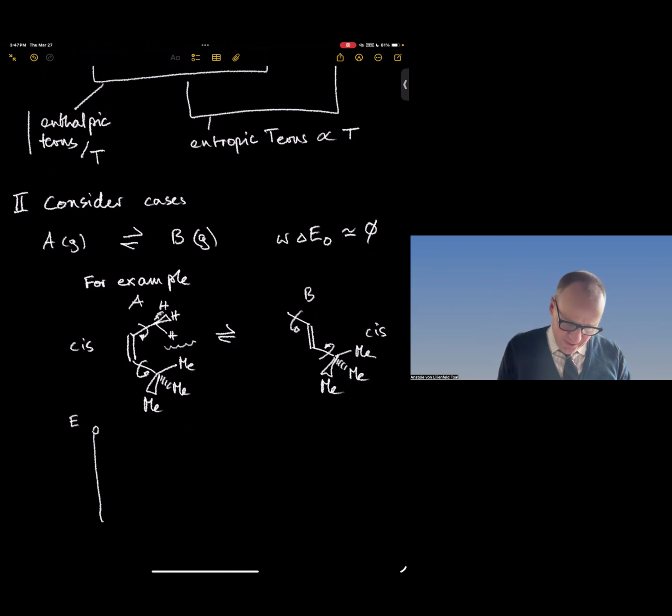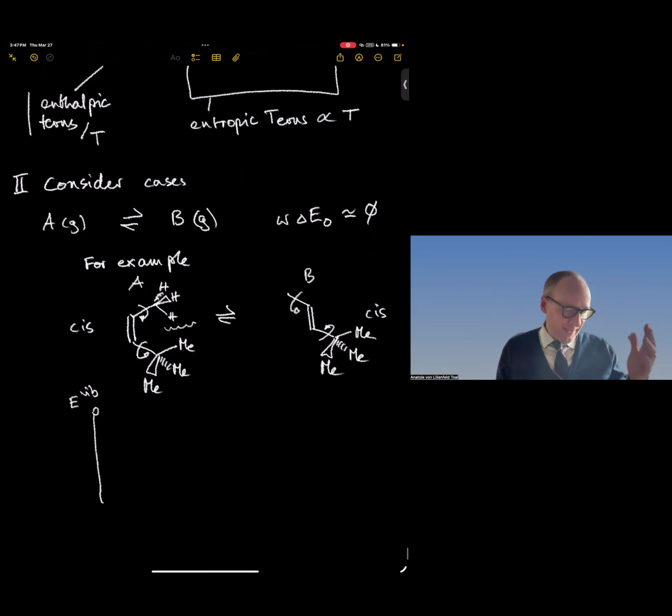And so if I look at these torsional energies, which are typically part of the vibrational spectrum, your 3n-6 internal degrees of freedom, then we would expect for E0 more or less the same energy. But on the left-hand side, you would expect a much coarser spectrum, while on the right-hand side, many more microstates are possible.